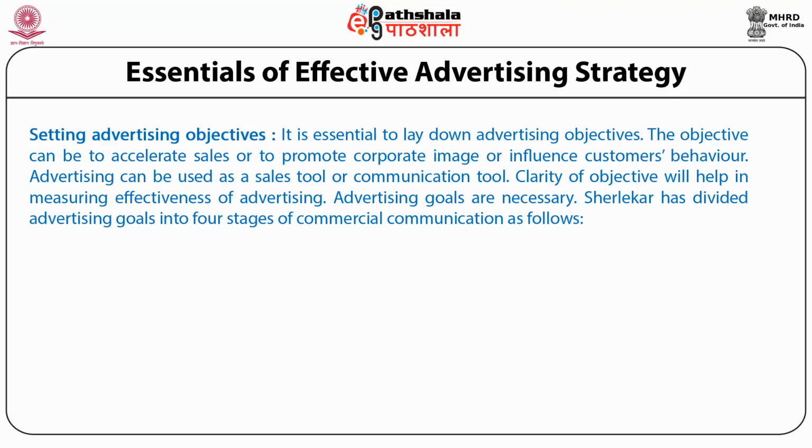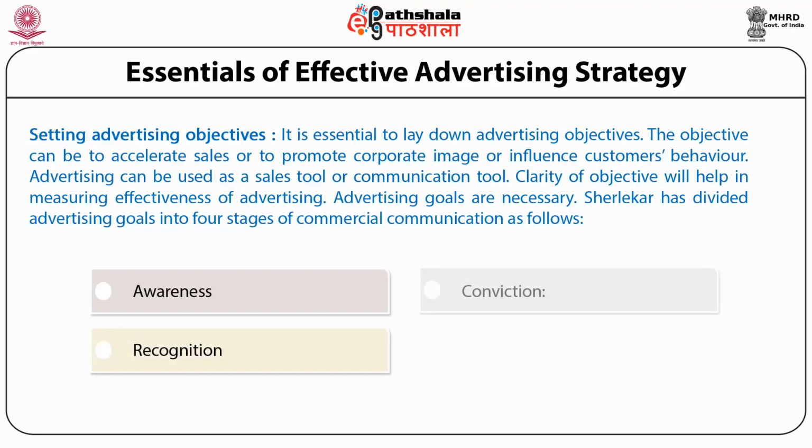Clarity of objective will help in measuring the effectiveness of advertising. Advertising goals are necessary, and Sherlaker has divided advertising goals into four stages of commercial communication: awareness, recognition, conviction, and action. So these are the advertising goals.